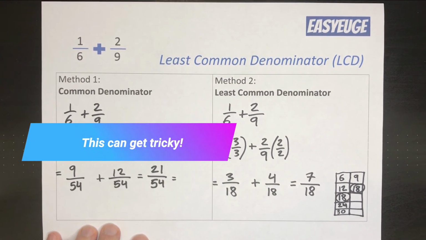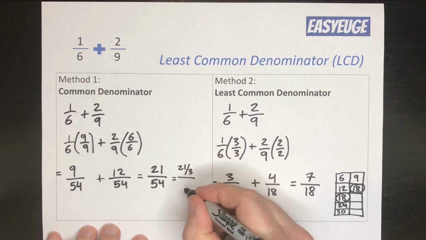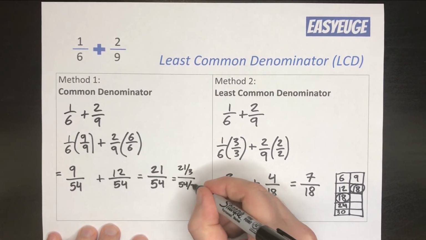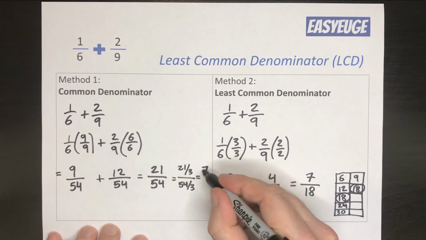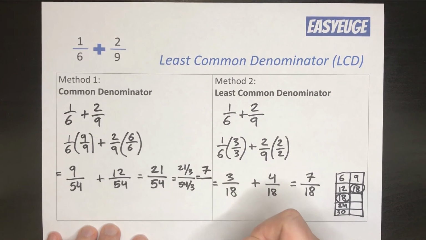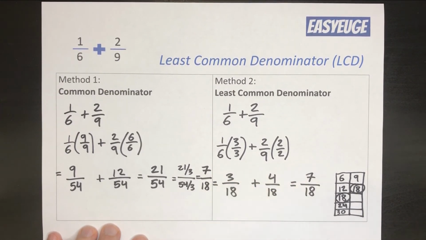Now this is tremendously tricky. 21 over 3 and 54 over 3. What does that equal? 21 over 3 is 7 and 54 over 3. Gosh, that's a hard one. The answer is 18.